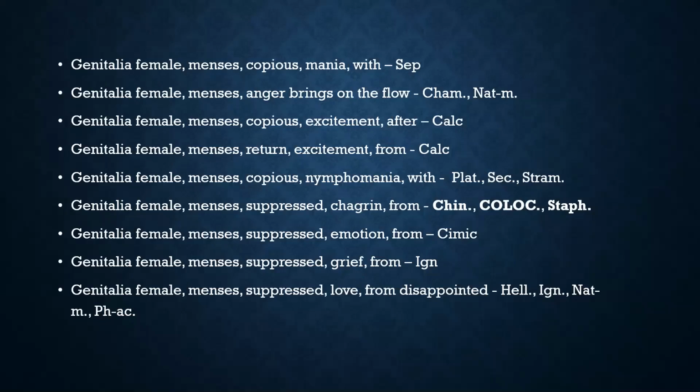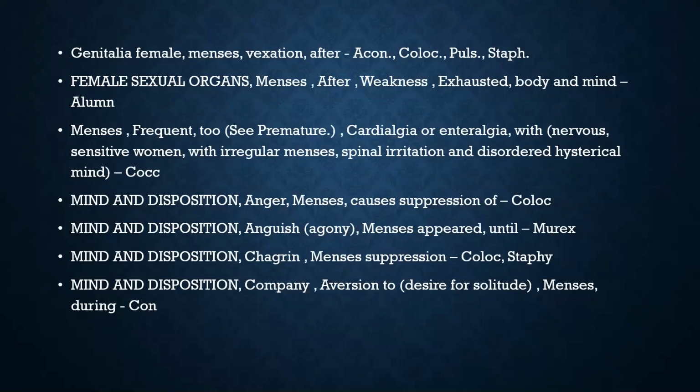Then genitalia, menses suppressed from chagrin, then suppressed due to emotion or grief, or even we can say suppressed because of disappointment in love. So these are a few mind symptoms related to menstrual patterns. Then we have even vexation after menses. Then if you go to the female sexual organs, menses after, weakness, exhausted body and mind altogether.